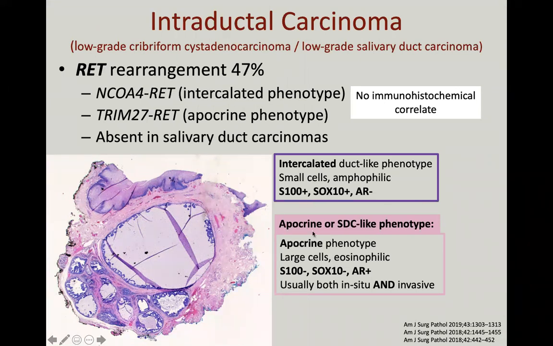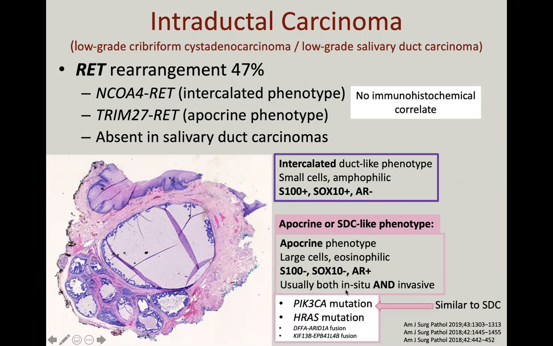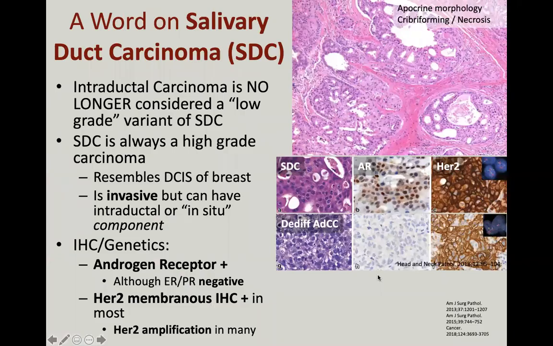Sometimes they show apocrine or even salivary duct-like phenotypes. I'll mention salivary duct in a bit. Don't worry too much about this, but realize that anything that is confined within a myoepithelial cell layer is generally considered intraductal. But be careful, because occasionally these can actually invade and have stromal invasion outside the confines of those ducts.